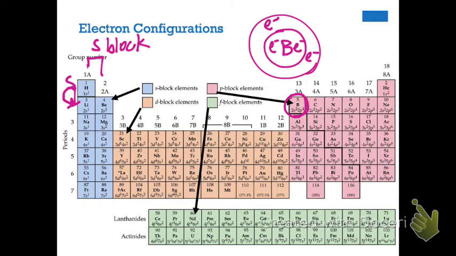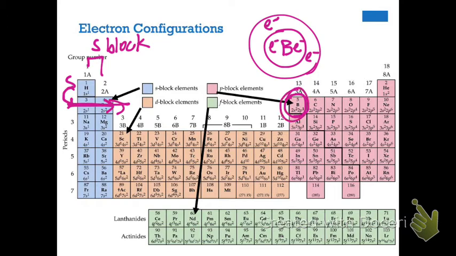Since boron is in the second row, it's got 2 levels of electrons. The first ones go in the 1s orbital, then the second ones have to also enter an s orbital. To get to boron, we had to fill the s orbital.